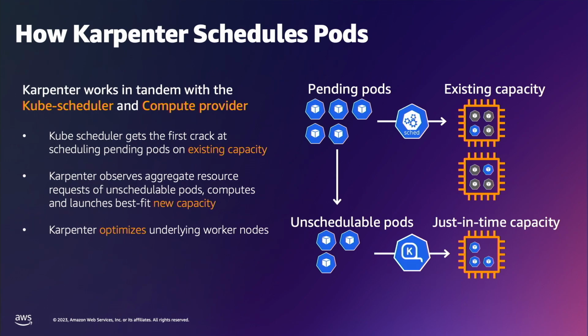Not only does it add nodes, it also deletes nodes if needed. So if there is an empty node, it will be deleted. And if you have a node which is underutilized, then it will be consolidated.